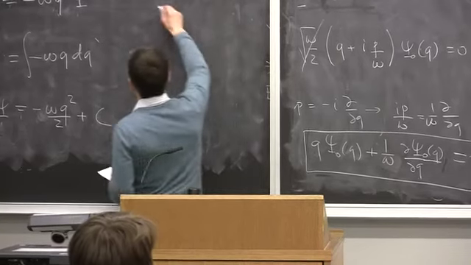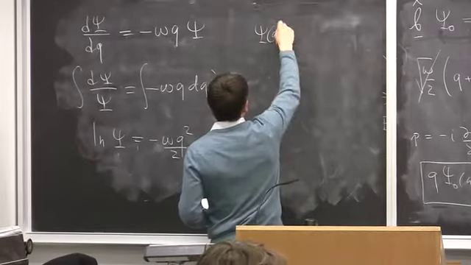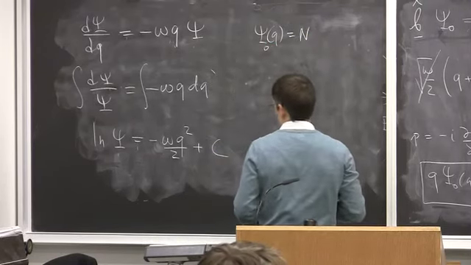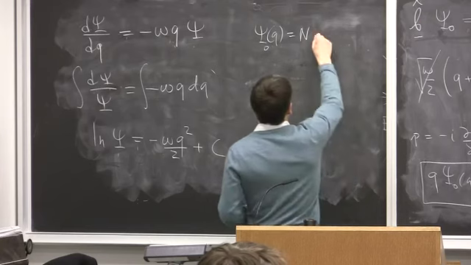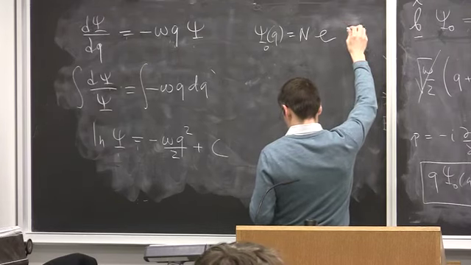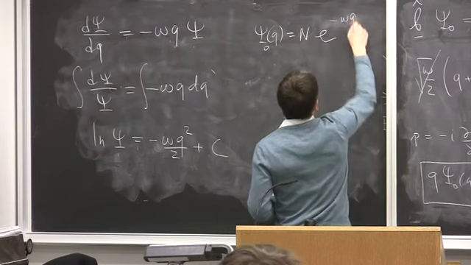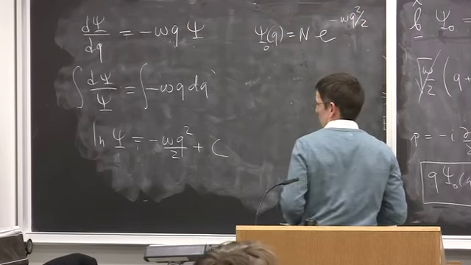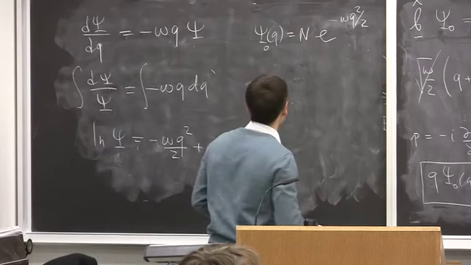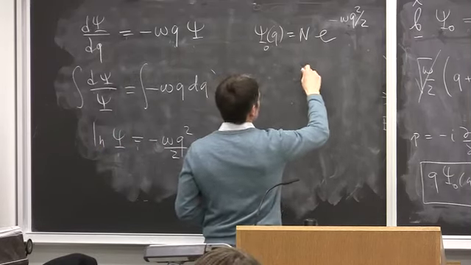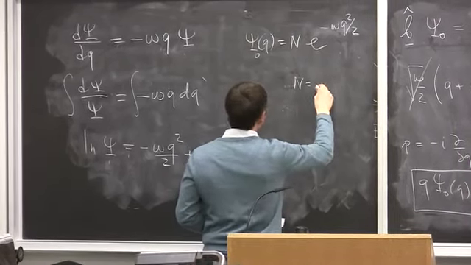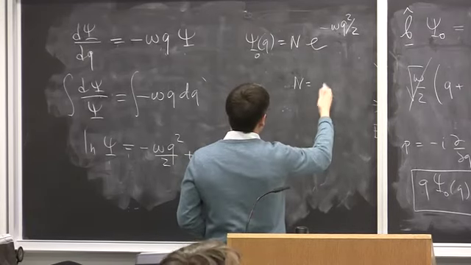All right, so what does this mean? That means that our function psi of Q is some normalization constant N, which is the exponent of C essentially, times the exponent of minus omega Q squared divided by 2, right? If you exponentiate this, then you have some N, which we find from the normalization condition, right?